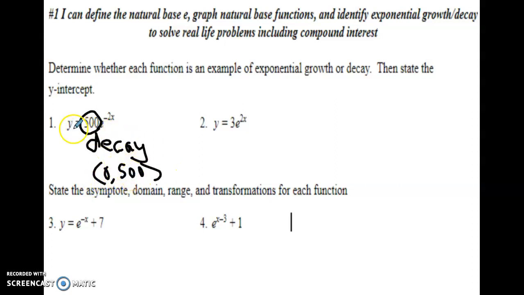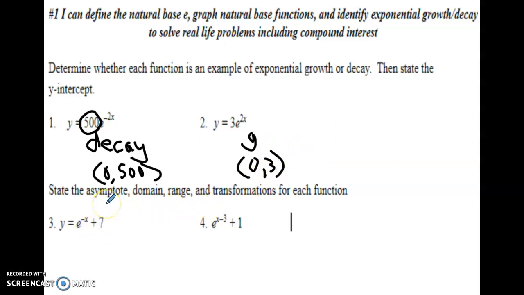So that would also tell you the y-intercept. This one over here, number 2, the x is a positive number, so this is a growth, so G for growth, and the y-intercept is at (0, 3), because it's being multiplied by a 3.